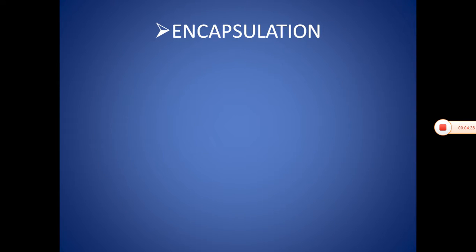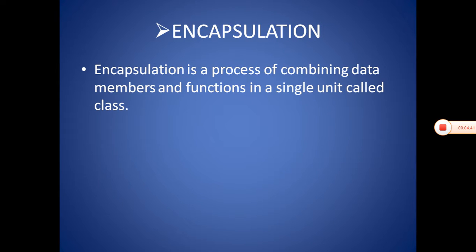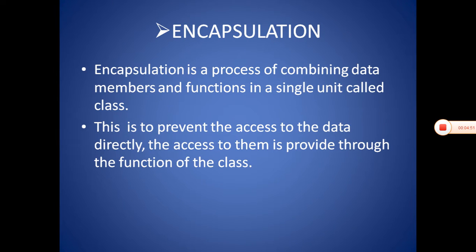Encapsulation. Encapsulation in the sense of hiding. It is also called data encapsulation, meaning hiding the data. Encapsulation is a process of combining the data members and member functions in a single unit called a class. This is to prevent direct access to the data. The access to them is provided through the functions of the class.